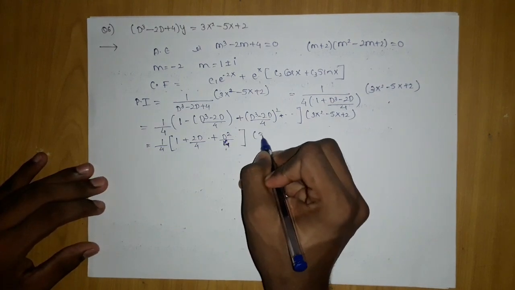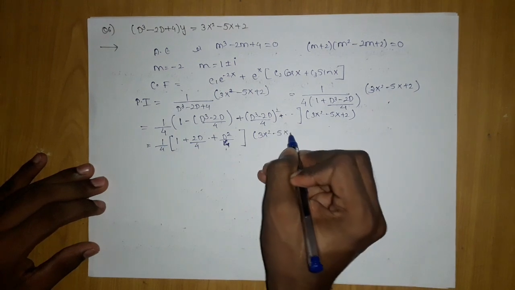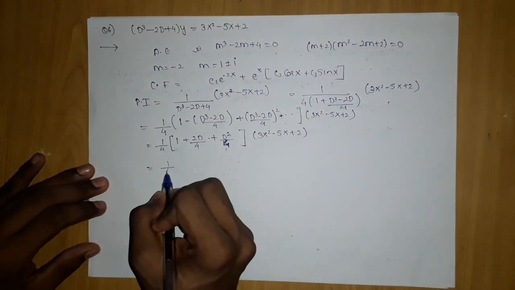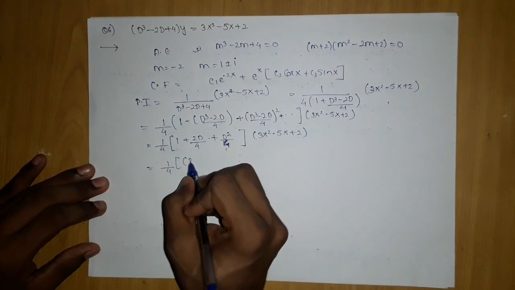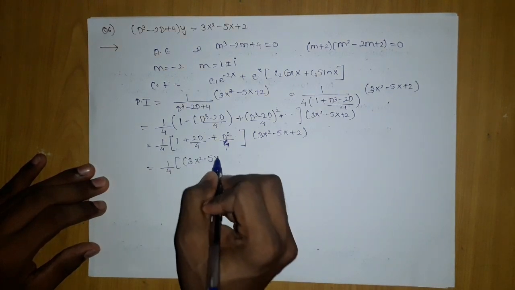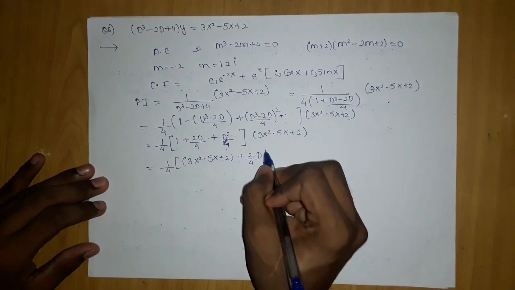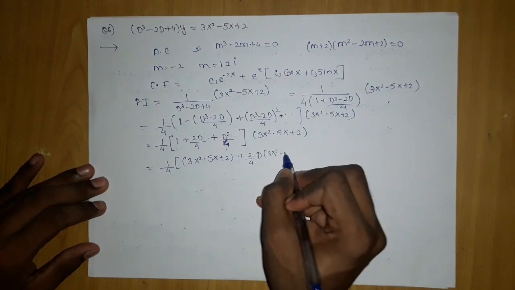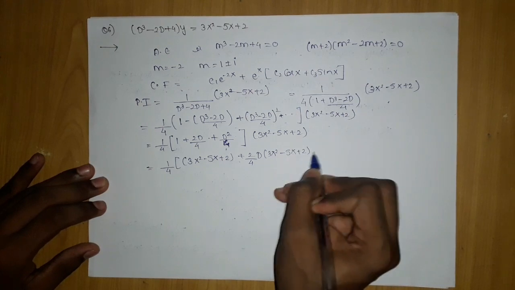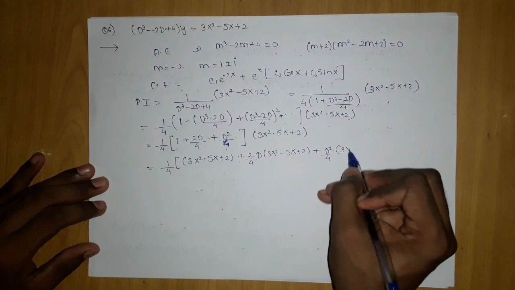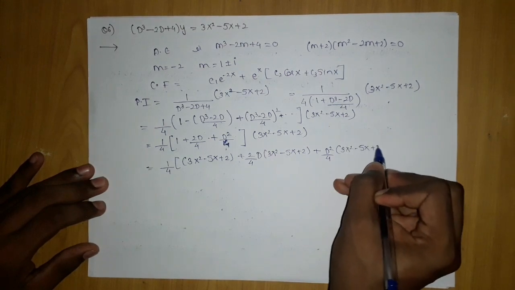Now we have to multiply 3x square minus 5x plus 2 inside to get the answer. After this, we are going to multiply the polynomial inside, which will give us our final answer: D into 3x square minus 5x plus 2 plus D square by 4 into 3x square minus 5x plus 2.